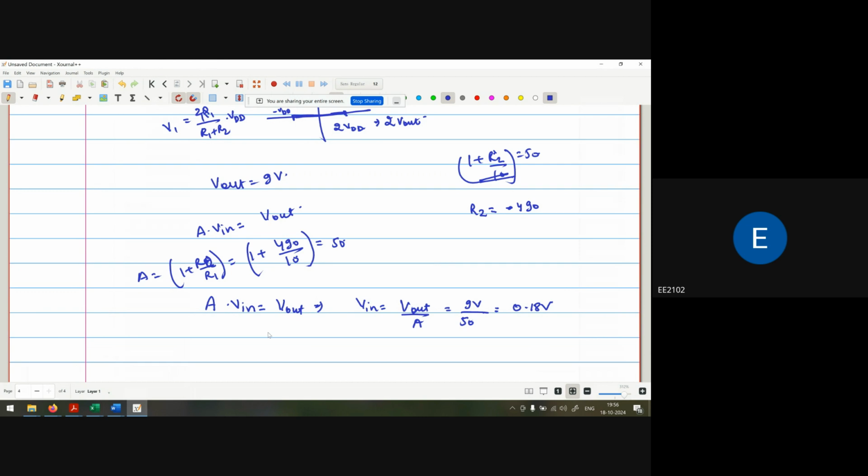Voltage gain is for the circuit, not the op amp alone. So we have to focus on the wording. Voltage gain means A times V in equals V out, and the standard open loop gain means A times the difference voltage equals V out.